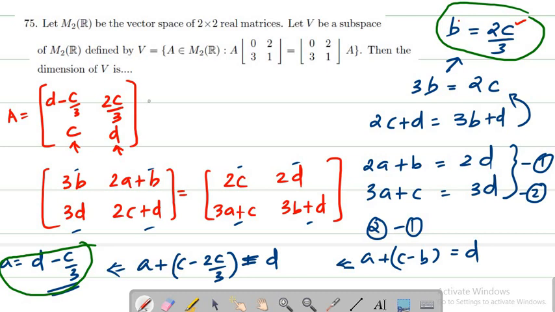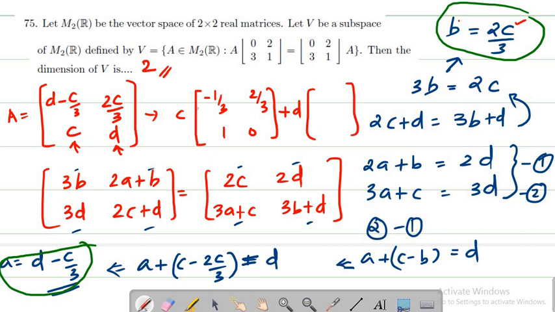So in this case, the dimension of V should be equal to 2, right? Because you just need to know c and d, or you can just write this as c times the matrix minus 1 by 3, 2 by 3, 1, 0 plus d times the matrix 1, 0, 0, 1.